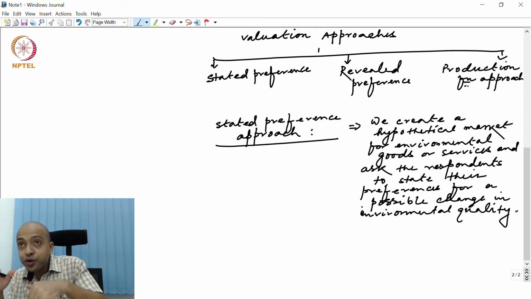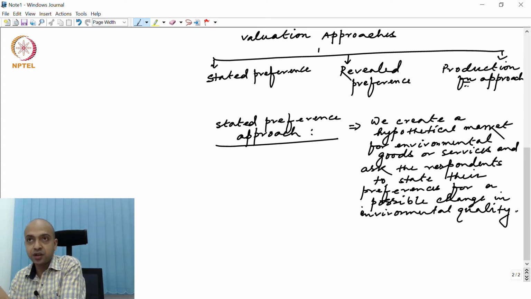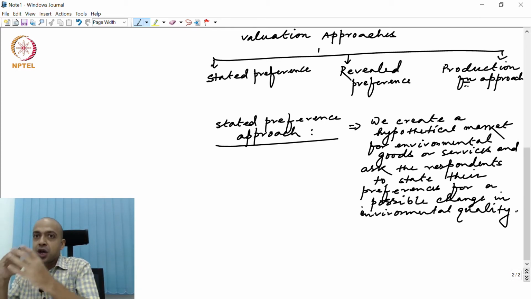So that means respondents are asked to state their preference. How will they state their preference? When there is a positive change in environmental quality, we will ask whether they will contribute something for that positive change. When there is a negative change in the environmental quality, then we will ask the respondents whether they are willing to accept some compensation for deterioration in the environmental quality.